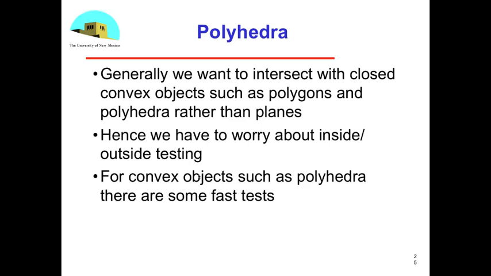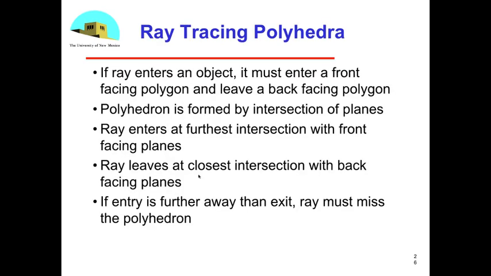I have one of those tests in the book, and it's based on the idea that if a ray enters a convex object, it can only enter once and leave once. And you can argue, based on the surfaces or the lines in a two-dimensional case, that this works. Essentially, with a three-dimensional polyhedron, the ray enters one face and leaves another face, and there are some very neat methods for finding that out.